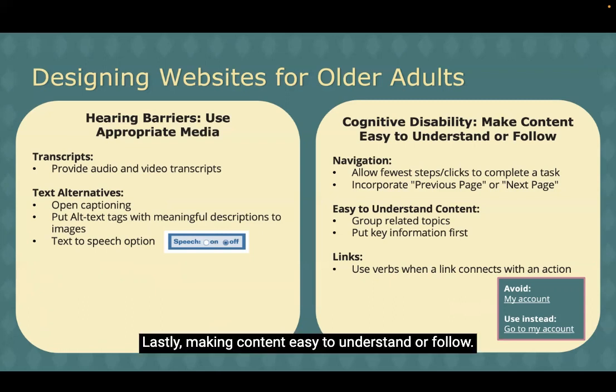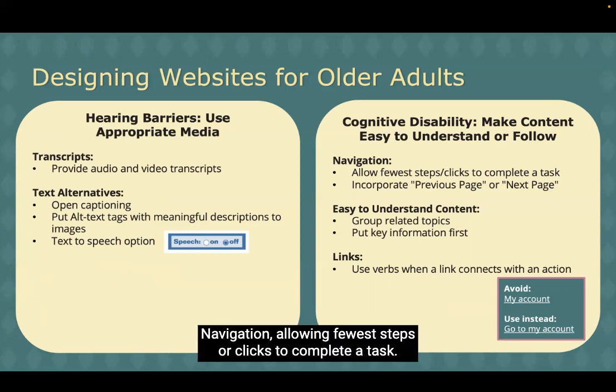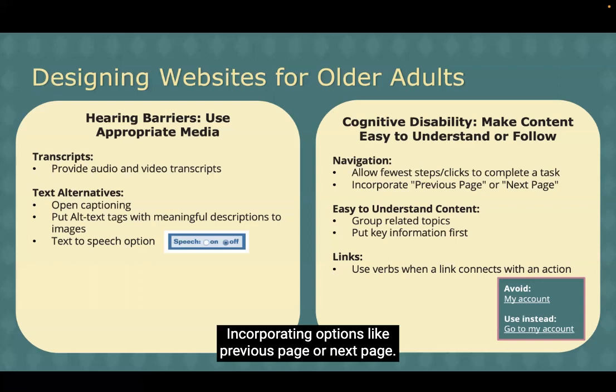Lastly, making content easy to understand or follow. This can help avoid any kind of cognitive disability. Navigation, allowing fewest steps or clicks to complete a task. Incorporating options like previous page or next page.